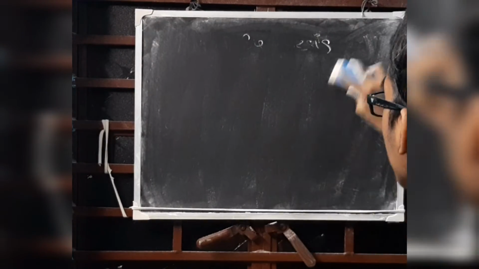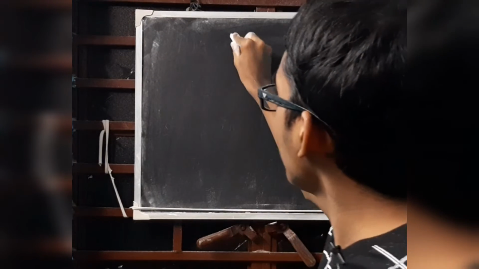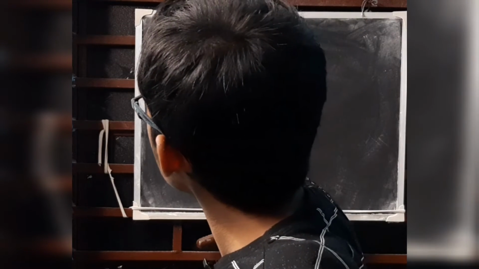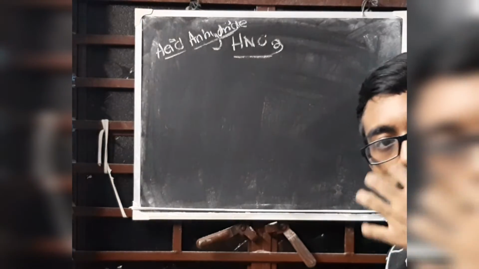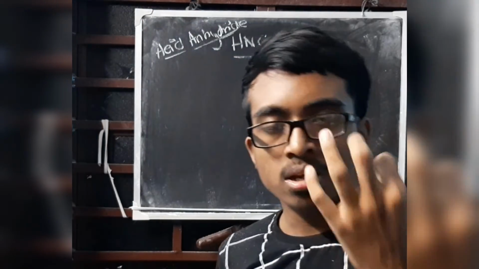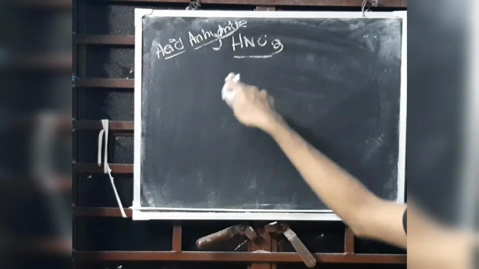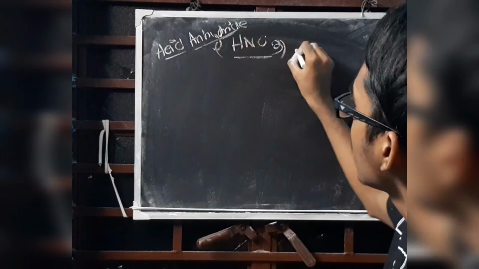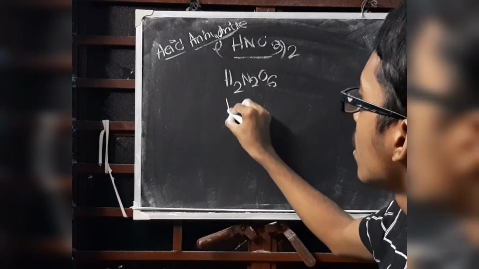Suppose it has been asked to find the acid anhydride of HNO3 and you don't know what to do, you have not read this part. Simply subtract H2O. But H is 1 and water has H2, so you cannot subtract. So make it 2. How? Multiply the entire thing by 2. What will happen? H2N2O6. Now subtract H2O.